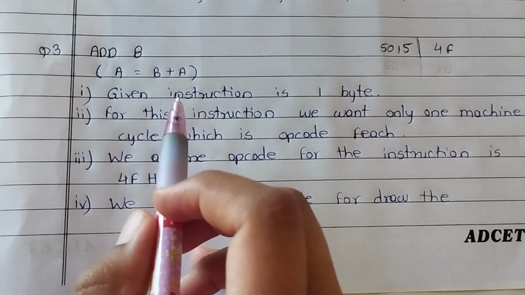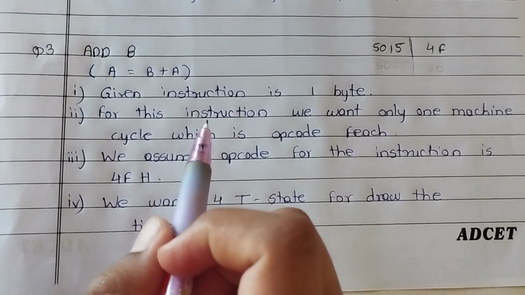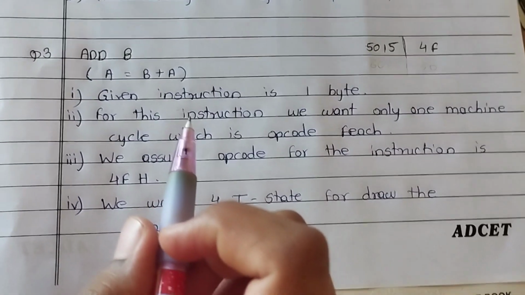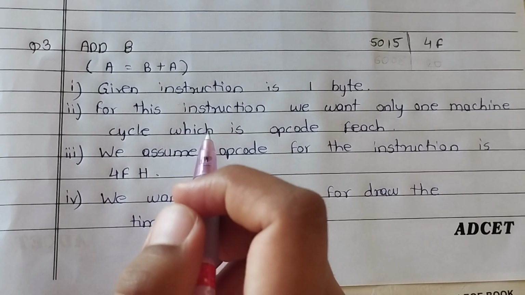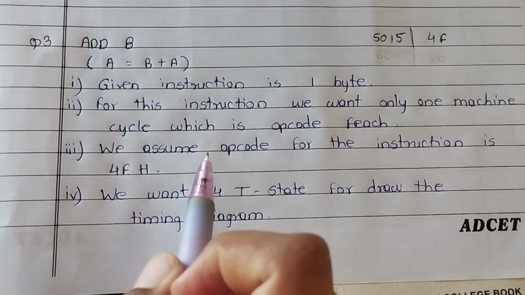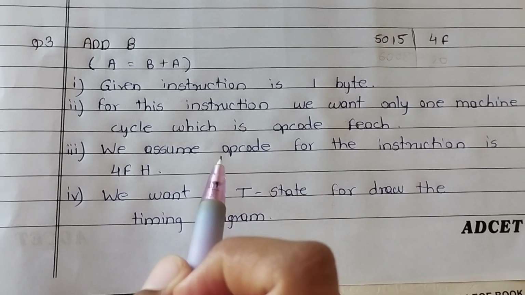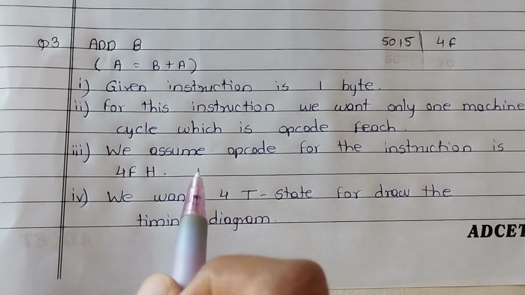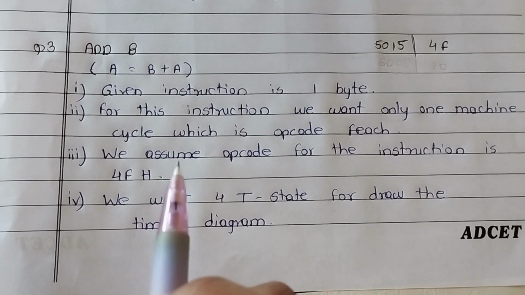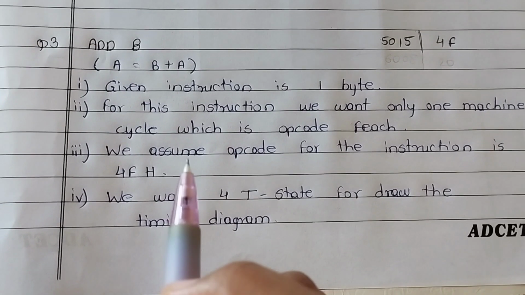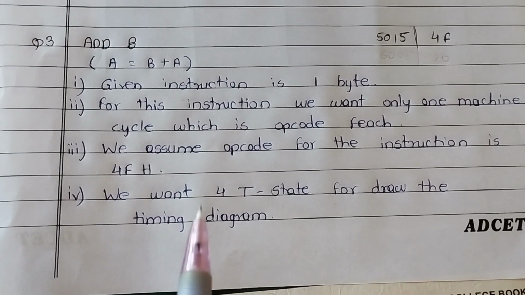So this instruction is 1 byte and we need only one machine cycle, which is opcode fetch. For that we assume the opcode for the instruction is 4Fh, and for the opcode we need 4 T states to draw the timing diagram.